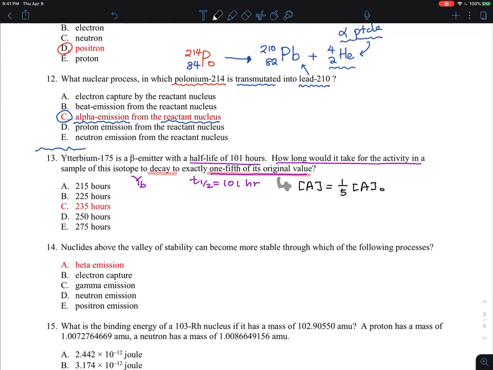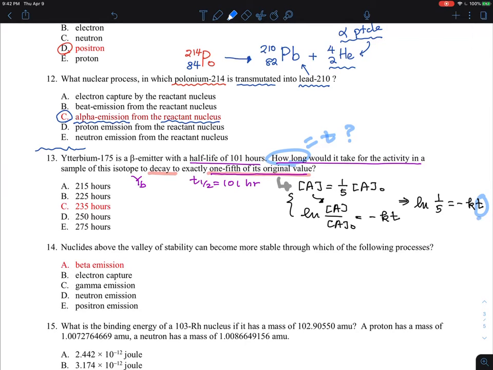You also know that ln(A over A naught) is minus kT. Using this notation, you can plug in the value, and that naturally gives natural log of 1/5 equals minus kT. They want to know the value of t. So how long, what is the time?